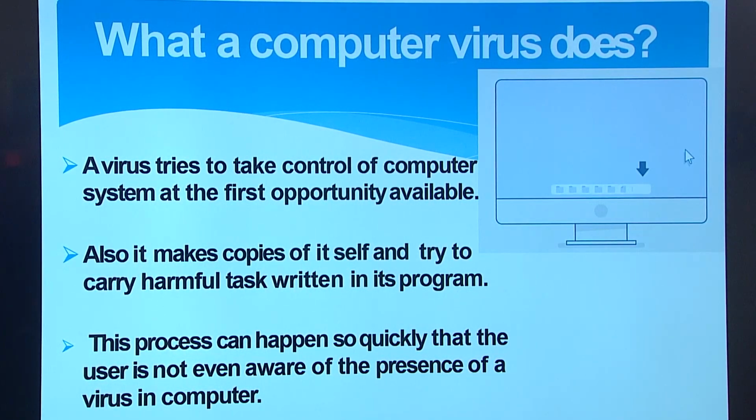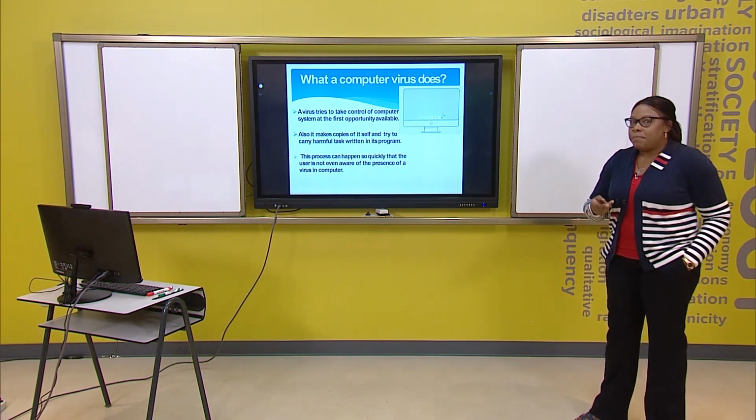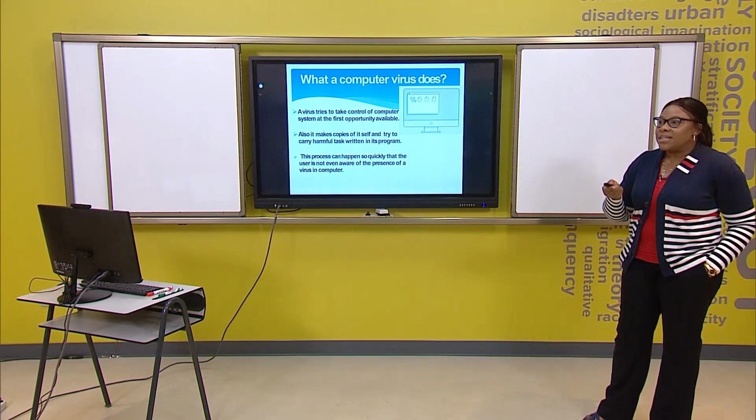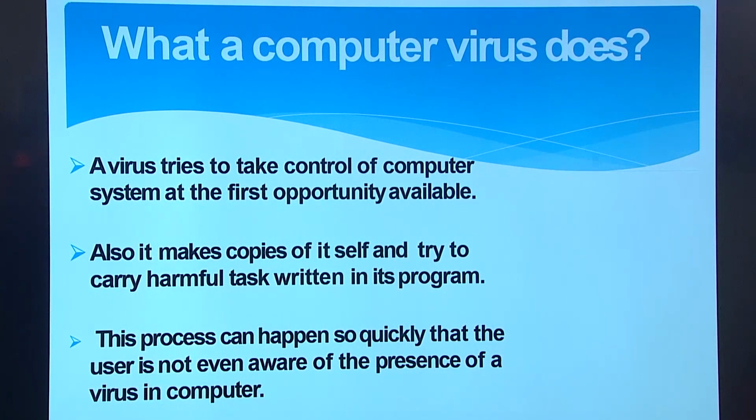That's why the corona is spreading the way it's spreading. So once your computer communicates with another computer, that's how the virus is transmitted. And it happens so quickly that by the time you are aware of it, your computer has already been taken over by the virus.